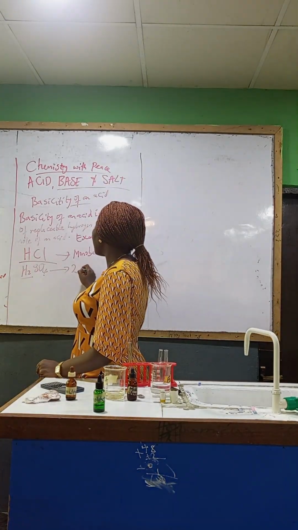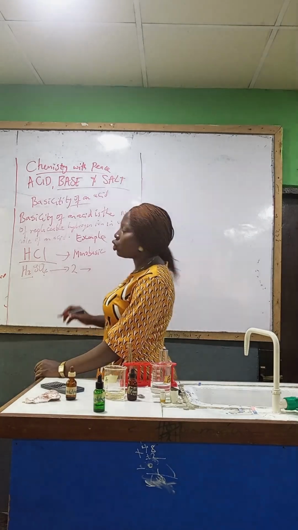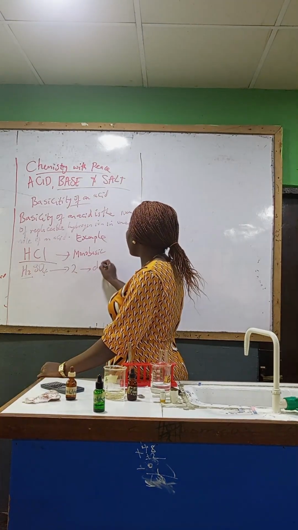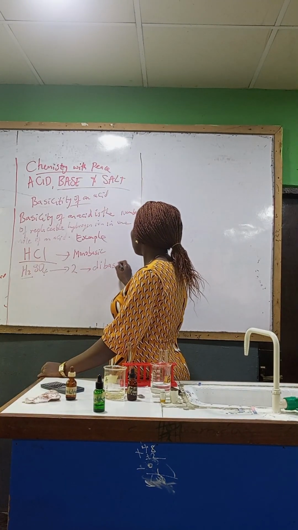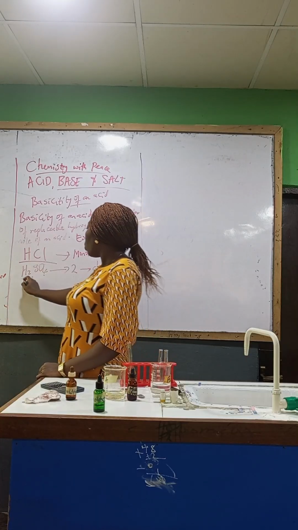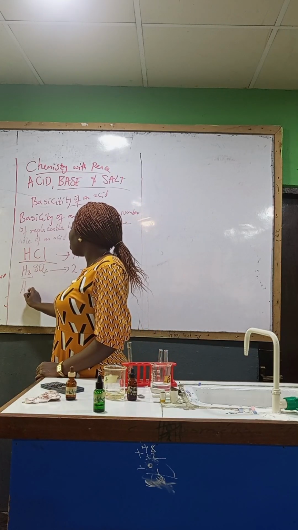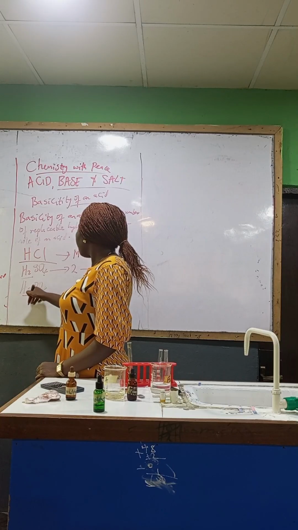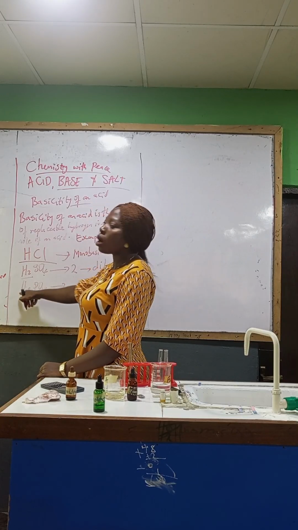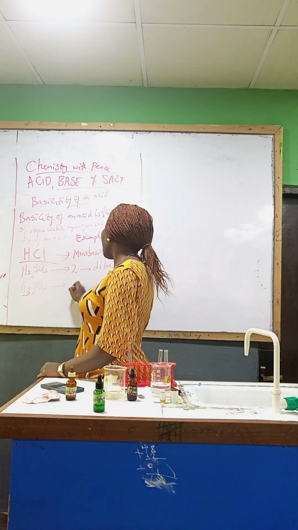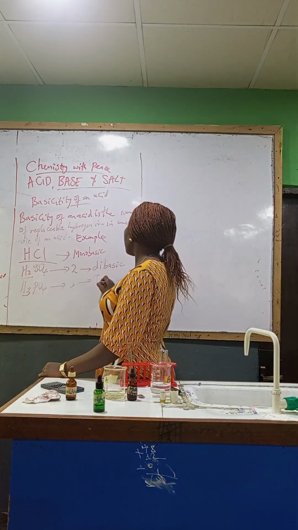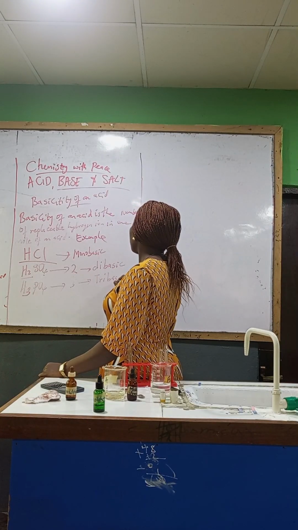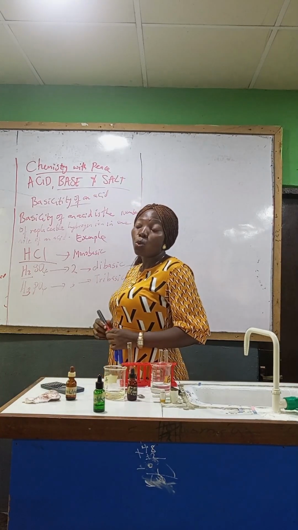So the basicity is 2 and it is known as dibasic. We also have tetraoxophosphate(V) acid. This one, there are 3 replaceable hydrogen ions. We call it tribasic.